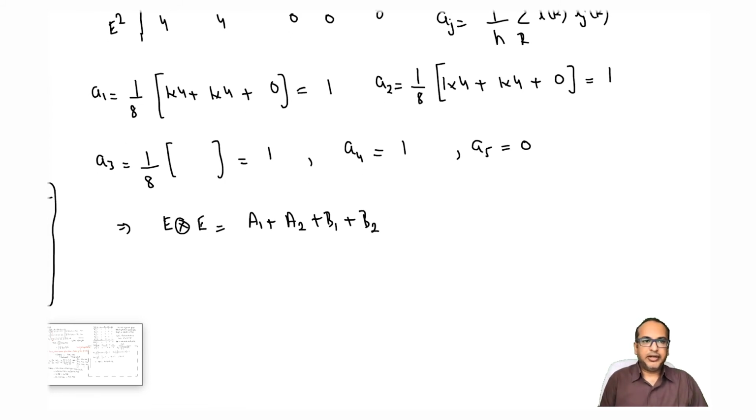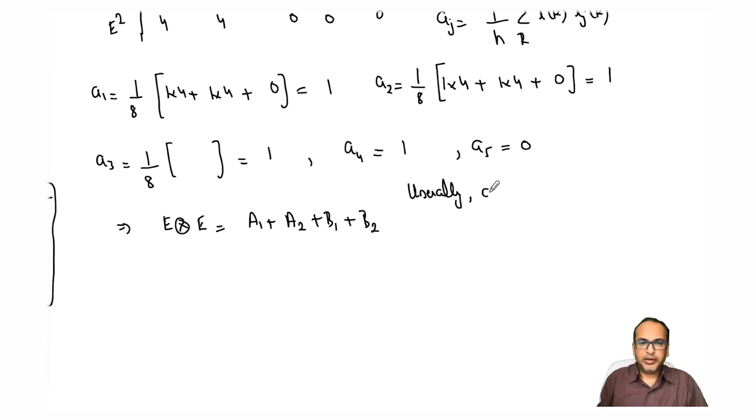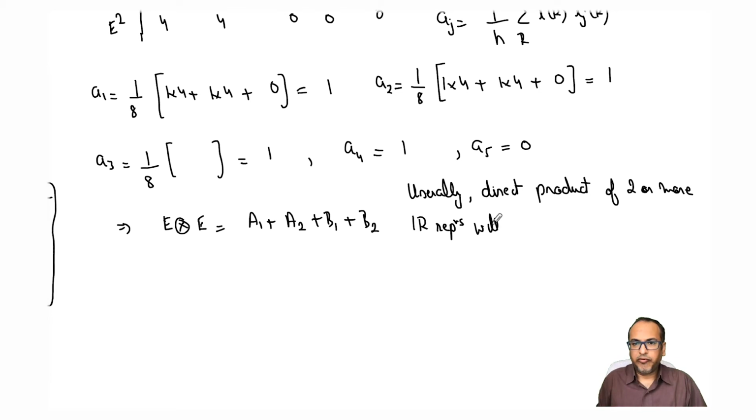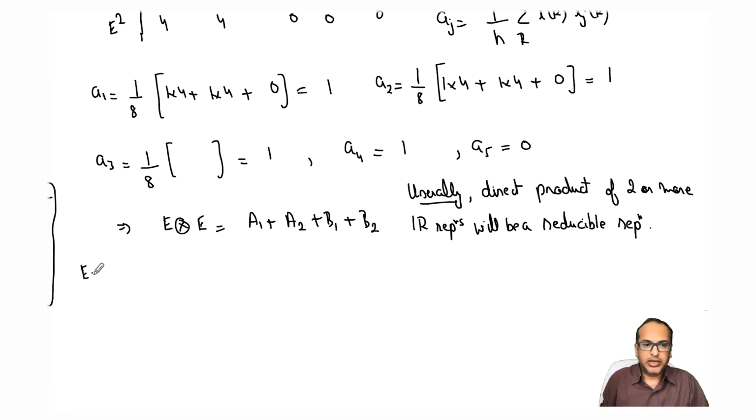So we can say here that usually the direct product of 2 or more IR representations will be a reducible representation. I use the word usually here because there are exceptions.